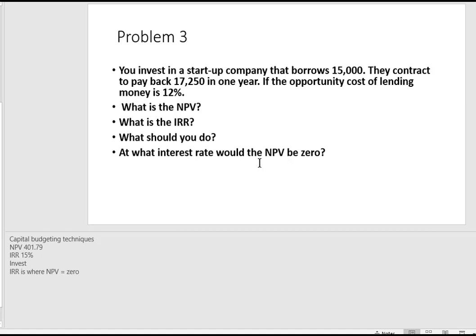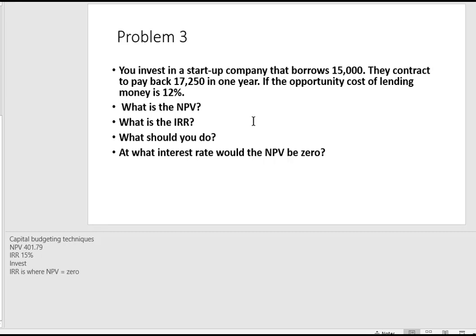It would come out and say that if the discount rate was 15%, then this project would have a net present value of zero. So there are several ways you can find the internal rate of return. We can talk about net present value in a variety of ways.